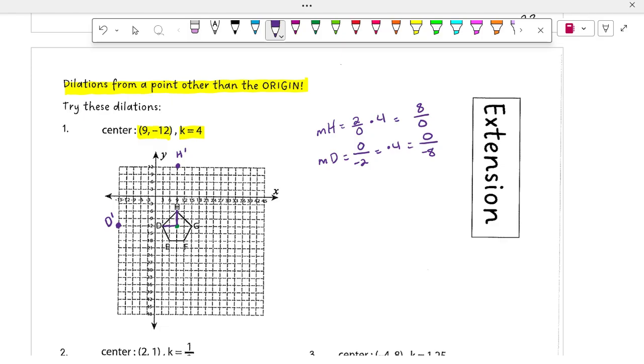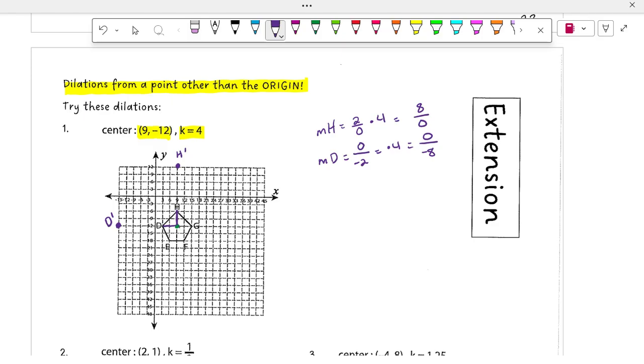So you're multiplying the rise over run by 4. So it's the unsimplified slope. Because obviously this would be undefined, this would be 0. But we're just trying to figure out what the new rise over run will be. So I would say it's the unsimplified slope, if that makes more sense.